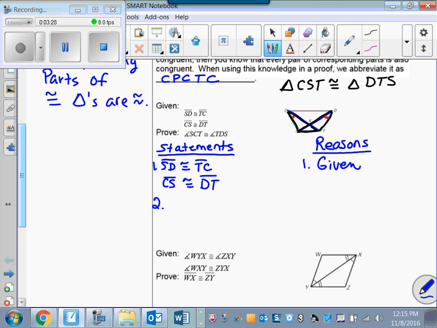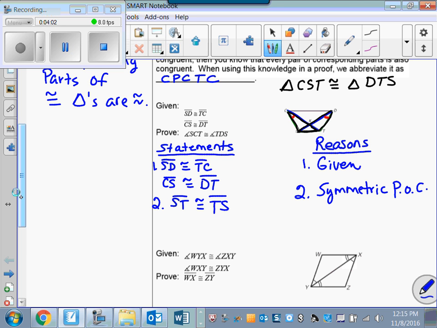So in triangle CST, I've got side ST, and it's going to be congruent to side TS in triangle DTS. I know that's true. That's really just saying that side is congruent to itself, but since order matters, I have to put it in that order, and I can do that. I can say that is true by the symmetric property of congruence.